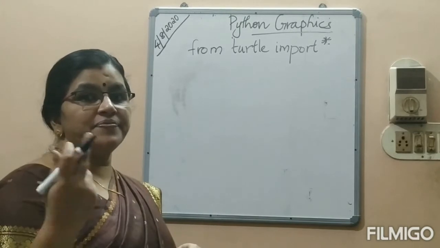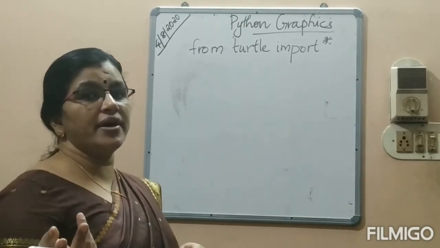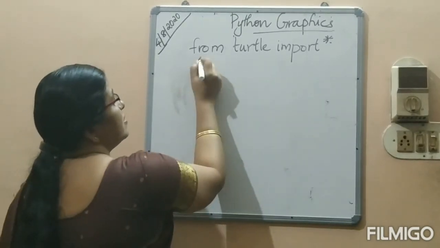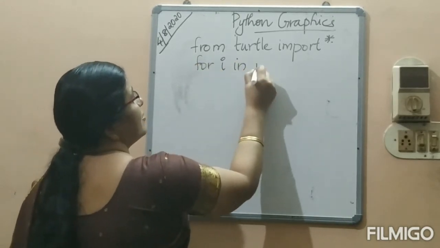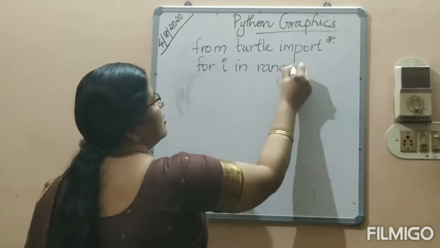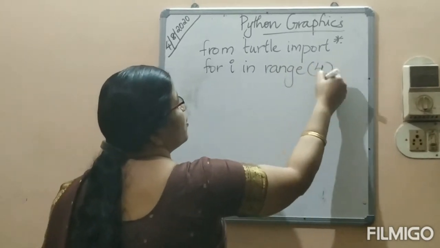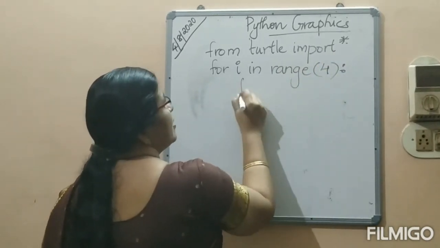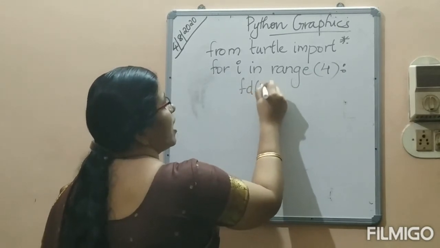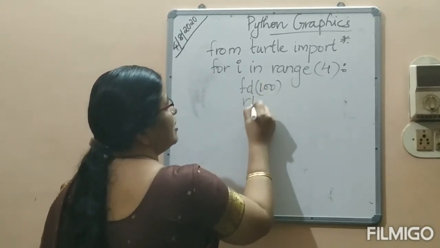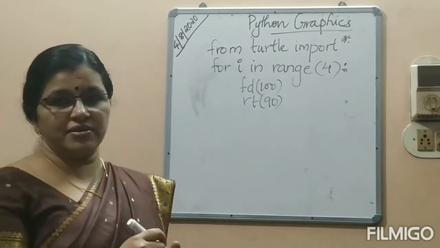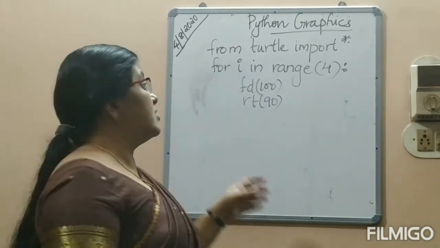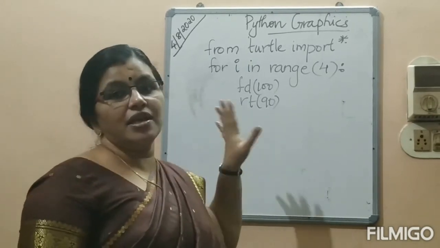Then, drawing a square: for I in range, inside the bracket 4 colon, FD 100, RT 90. This much we have learned in the last class.